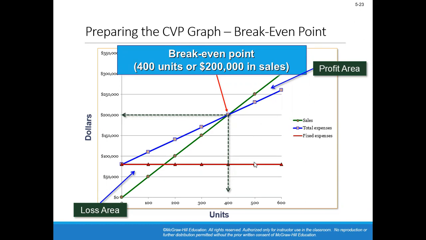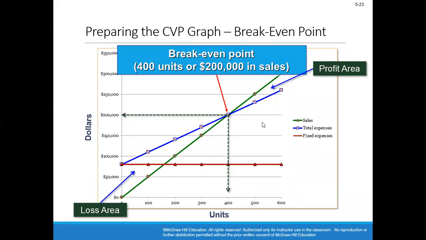For the 500 units of sale, we can get the profit by subtracting the total expenses from the total sales revenue. We see that total sales revenue for 500 units is 250,000. And if we subtract the total expenses for 500 units, which is here approximately 230 or 230 plus, we would see that 15,000 or so would be the profit.